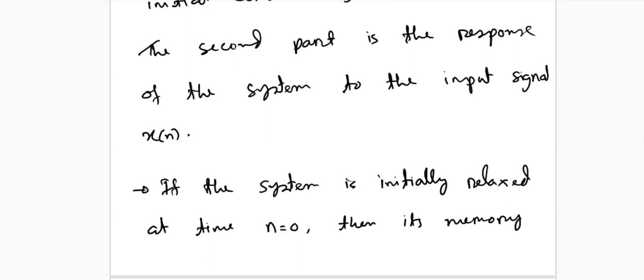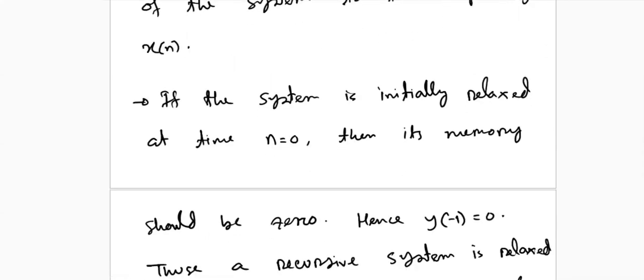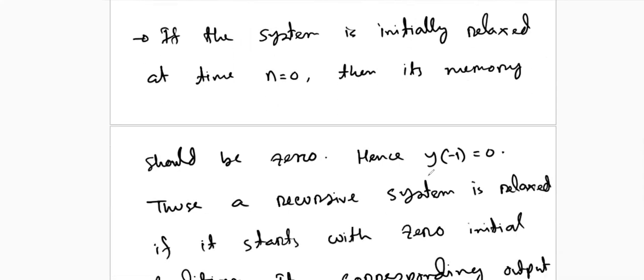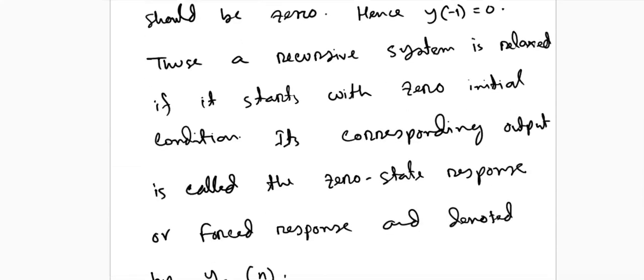If the system is initially relaxed, what does it mean by an initially relaxed system? It means that you don't have any initial condition. That means y(-1) is equal to 0. Thus, the recursive system is relaxed if it starts with zero initial condition.